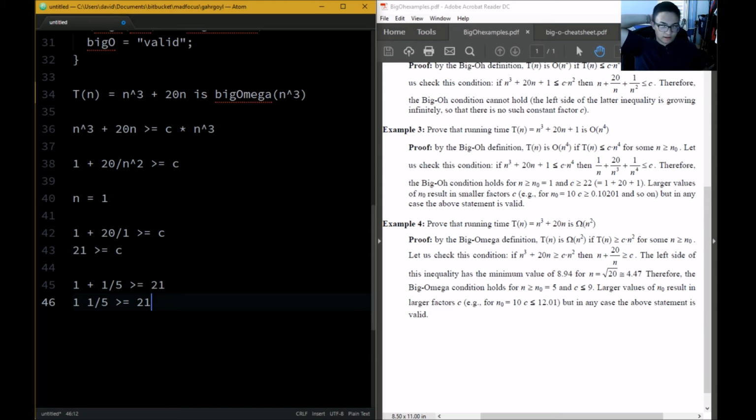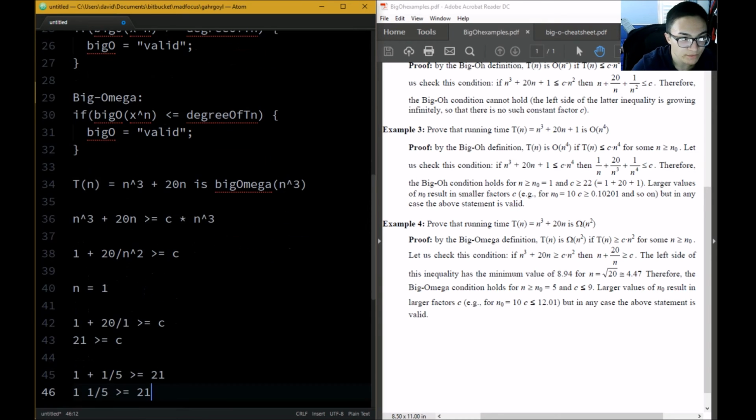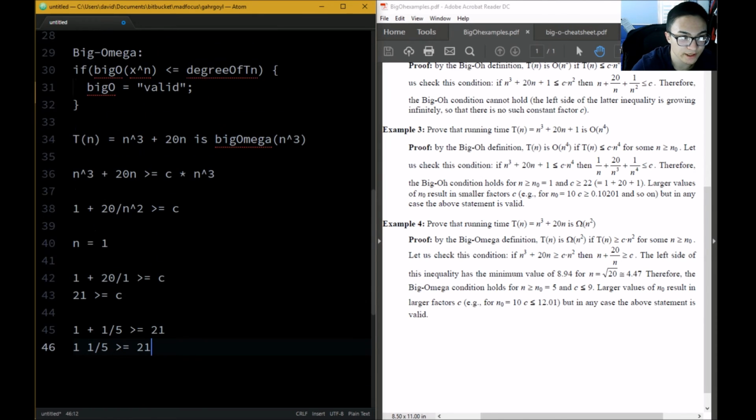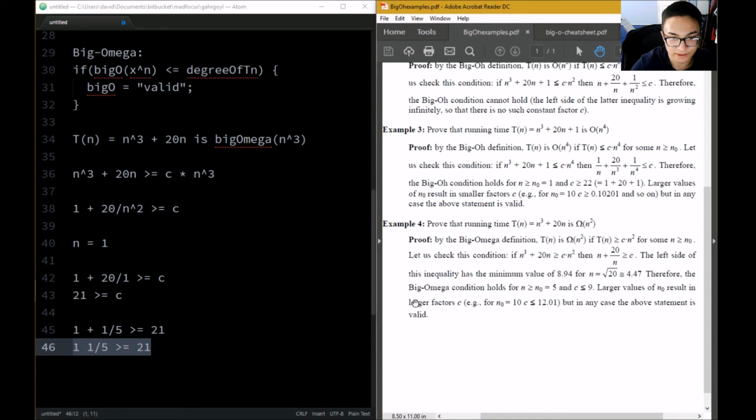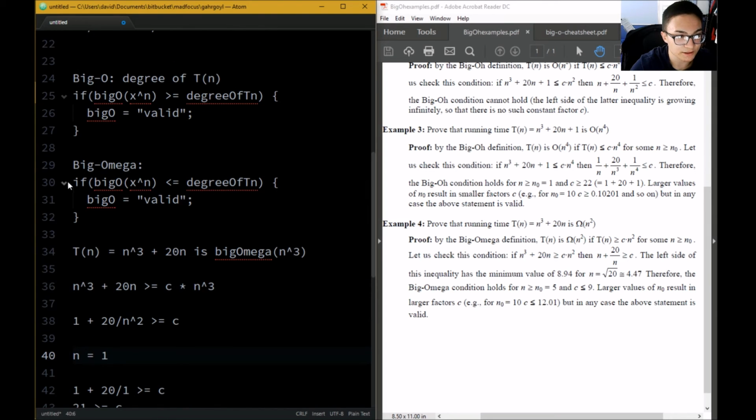Because the above statement is valid, you want your challenging n of the big omega to be less than or equal to the degree of the T of n. So when it's equal, because this is n cubed and this is n cubed, it is decreasing, which means for larger values of n naught, the values will be smaller, which makes this valid. So the equal statement is valid.